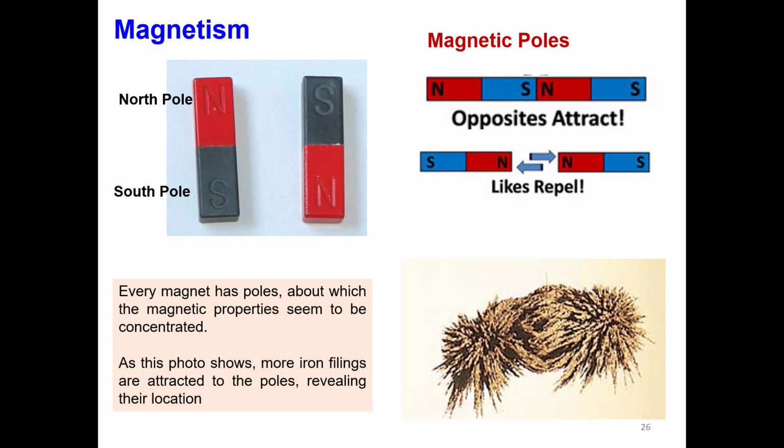Also in the same way, unlike charges attract, and when we have two magnets, the South and North Poles attract. And also in the same way, like electrical charges repel.